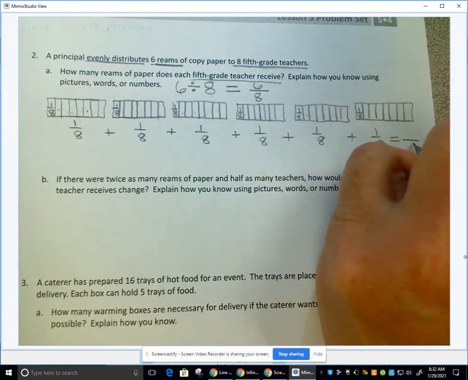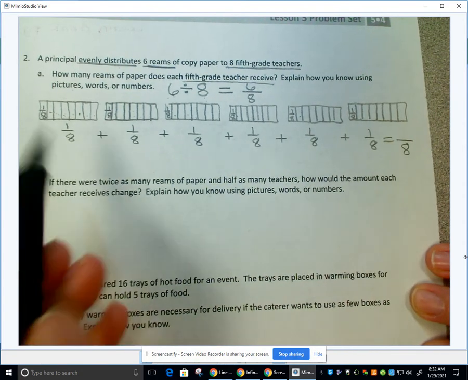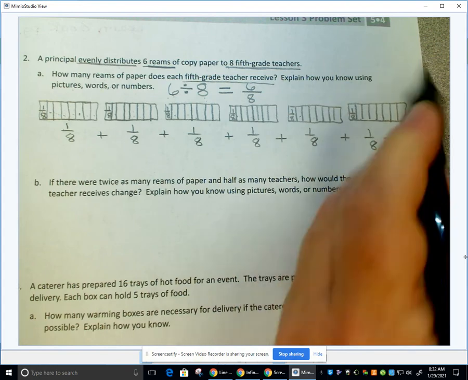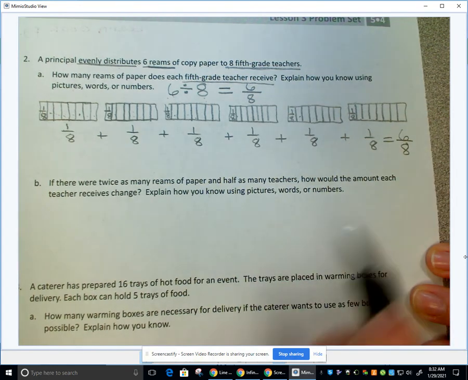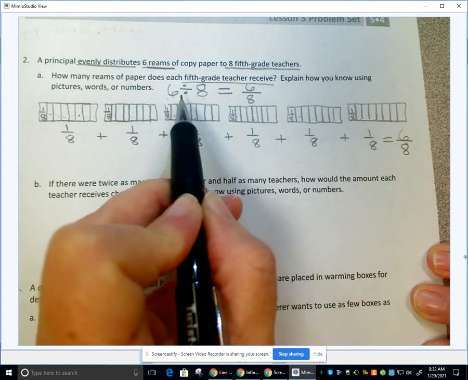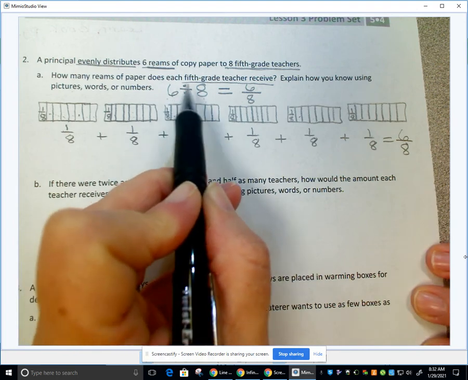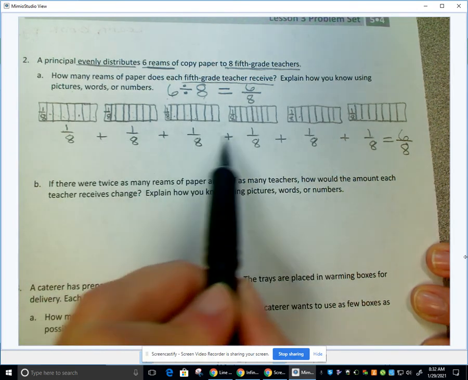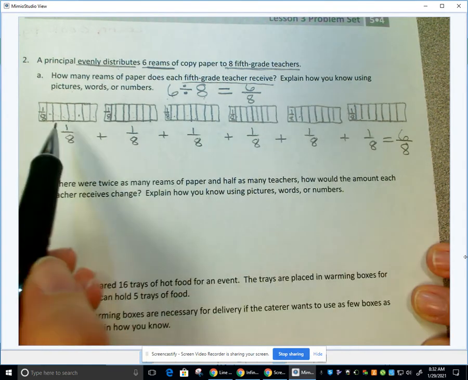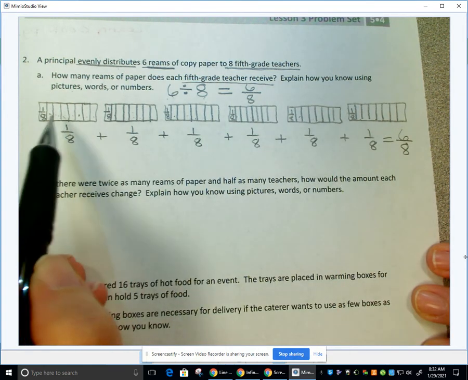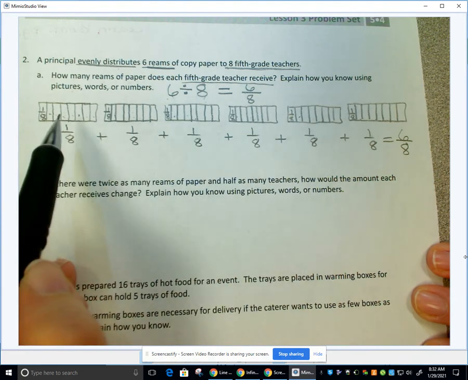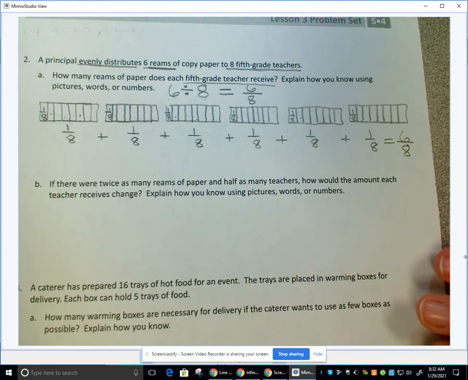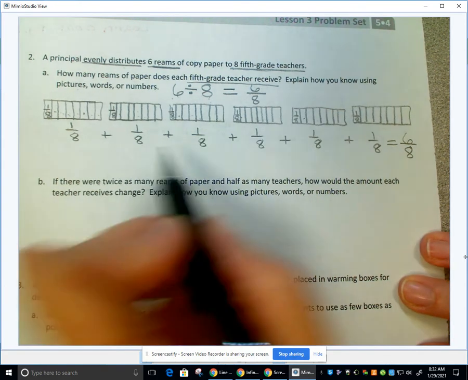We know we'll have 8 as a denominator. 1, 2, 3, 4, 5, 6. Didn't that match what we put up here? 6 divided by 8 equals 6/8. And that's what we get here. So teacher 1 would get 6/8. Teacher 2 would also get 6/8. Teacher 3 would get 6/8. Teacher 4 would get 6/8, and so on. Each one of the 8 teachers will get 6/8.